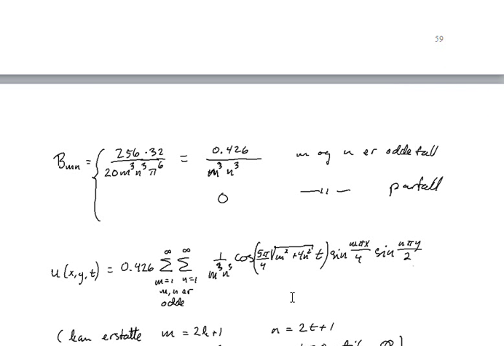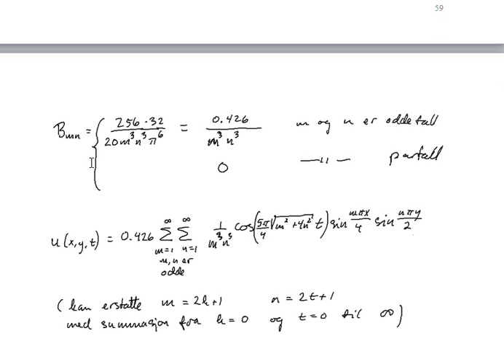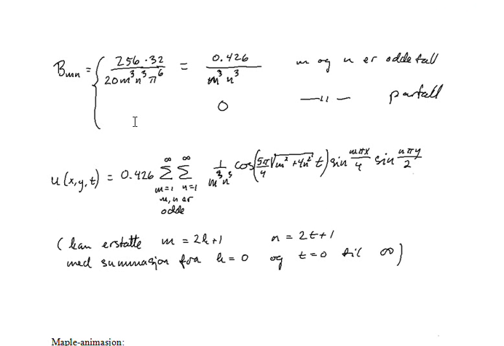So then we obtain the following, that Bmn is equal to this when m and n are odd numbers, and, as we have seen many times before, it is equal to 0 when m and n are even numbers.